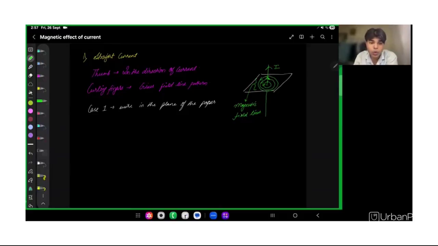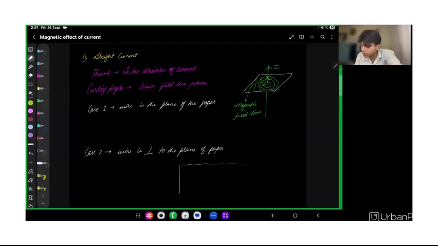Now case 2. The wire is perpendicular to the plane of paper. In this case, let me draw the paper in two parts.